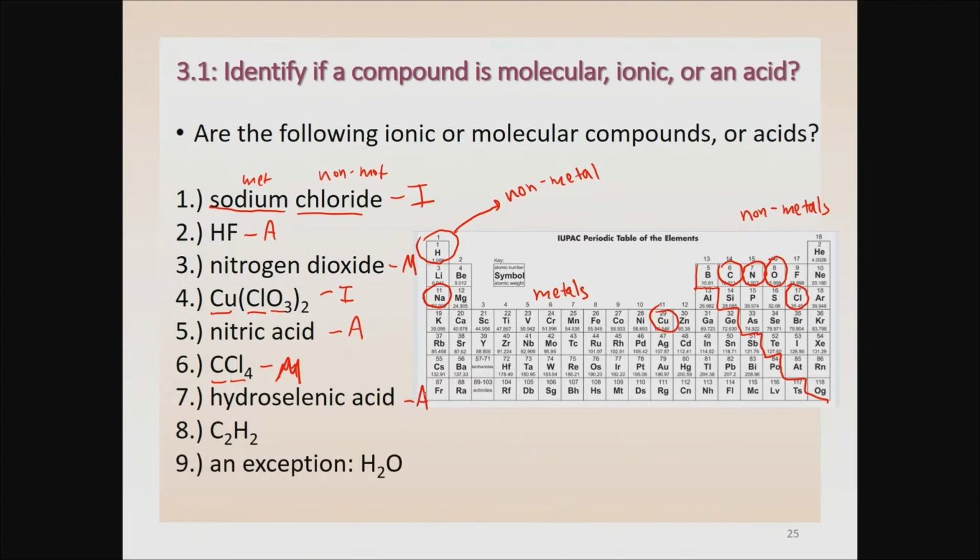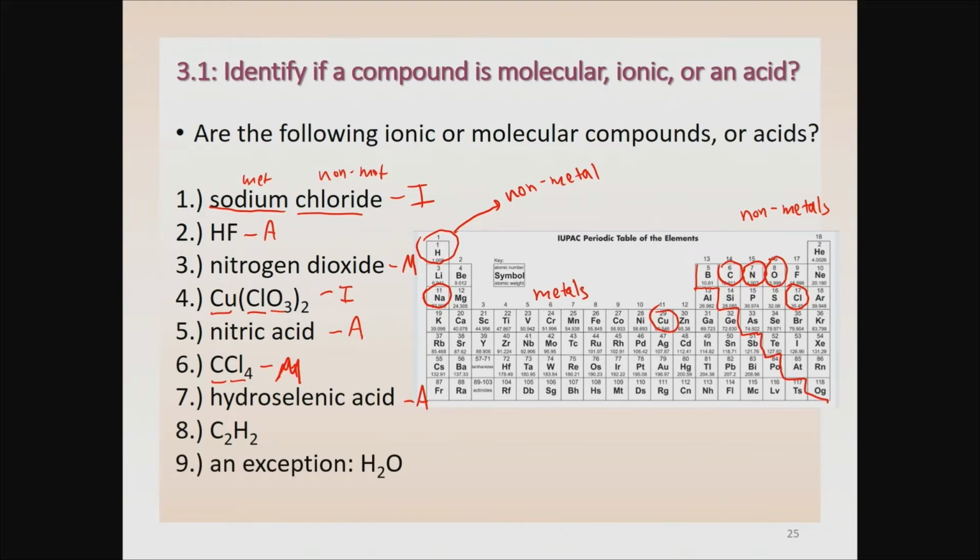Okay, the next compound, C2H2. So it is a formula. What is the first question you ask for a formula? The first question you ask about a formula is, does it have hydrogen as the first element? Now be careful, it does have hydrogen as an element in the formula, but it's not listed first.